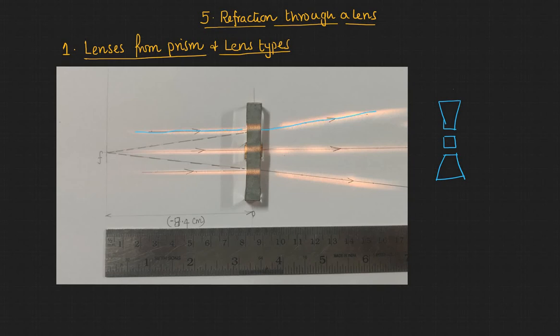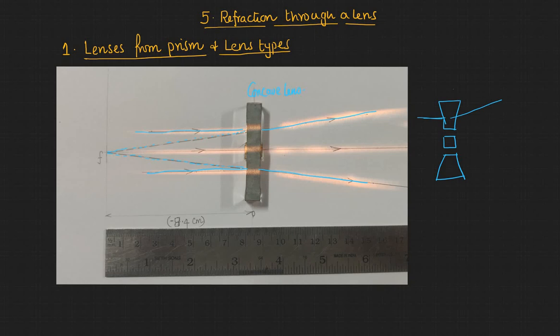That's because when light comes into this prism, it bends the light in that direction. So you have this light bending up like that, and in such a case you can extend this light backward, and it converges at a point, and that point would be our focus for this concave lens.